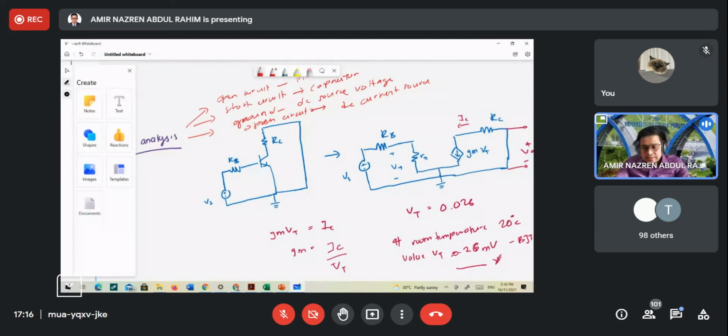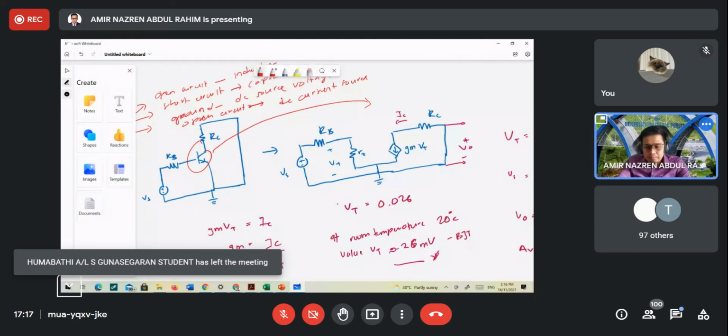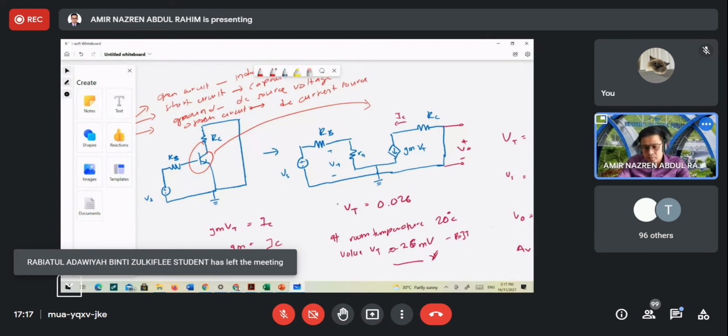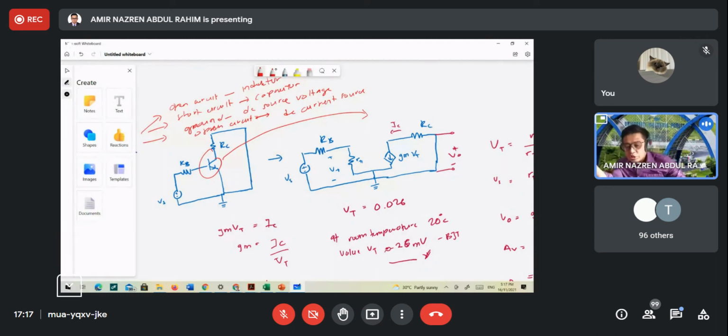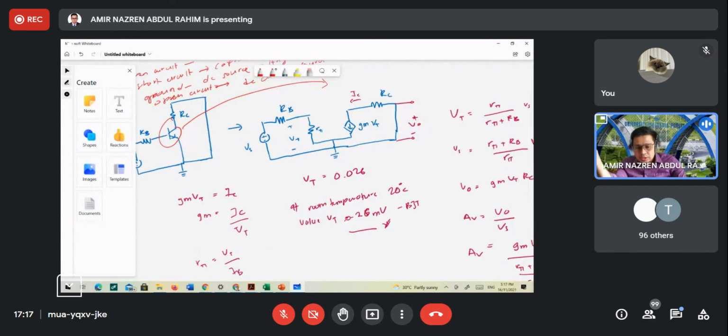To analyze the small signal, we need to convert our BJT into the hybrid pi form. We have R pi, we have gmVT. Sometimes we use gmVT, sometimes we use gmVBE. It's the same notation over here.